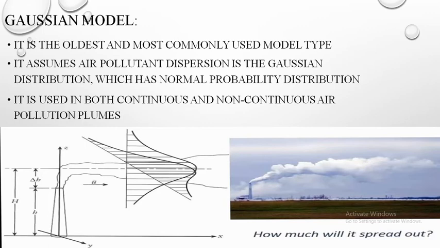What is the problem? As an engineer, what do we do in this model? The problem is to compute the concentration due to this source. Which one is the source here? The chimney or physical stack, at any point. What are the points we have?